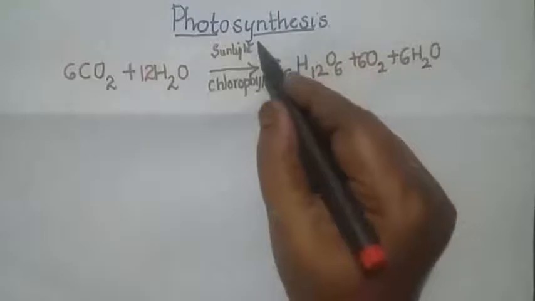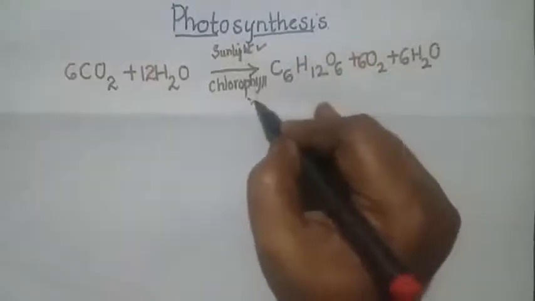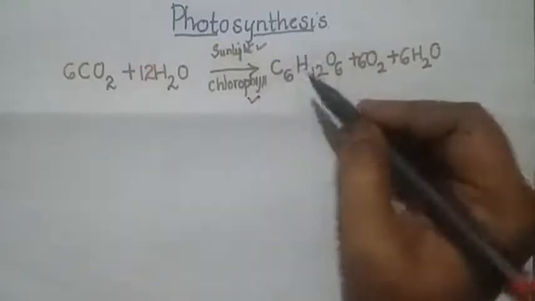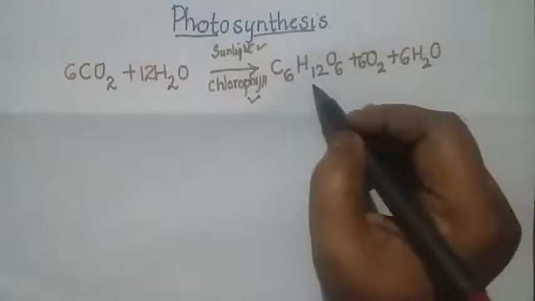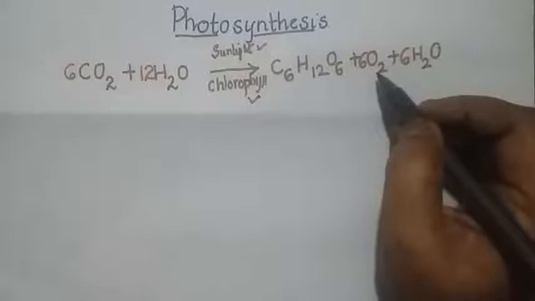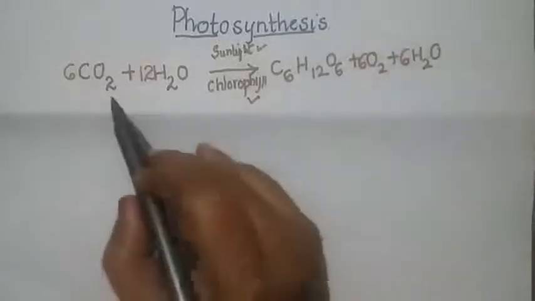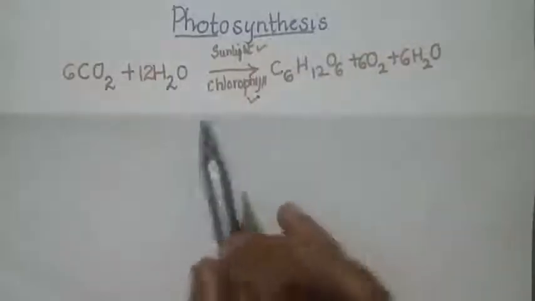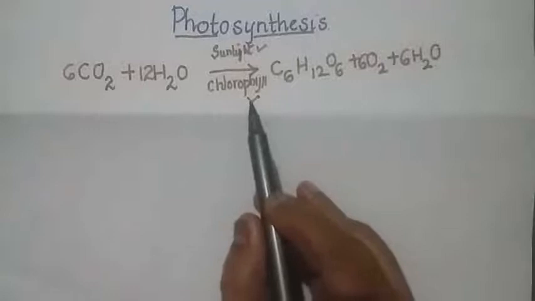In the presence of sunlight and chlorophyll, they synthesize glucose and liberate oxygen as one of the products. You have to write all these words whenever you define the word.